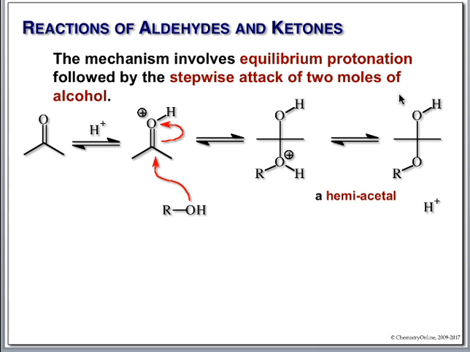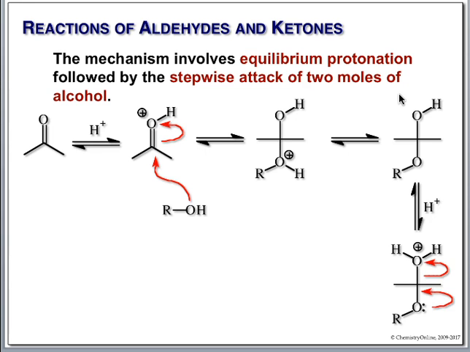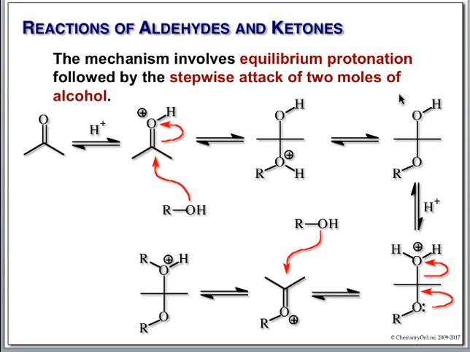Now this can do the same sort of chemistry. Once again, we can protonate this, which is now water, lose the water, form the oxocarbenium ion like this, add another mole of alcohol, lose our final proton, and we're down to our ketal or acetal.